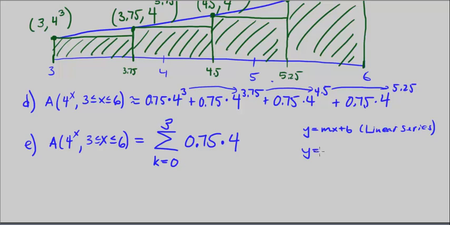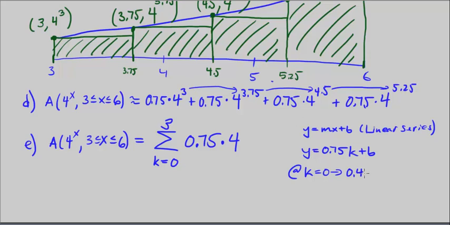We know m is 0.75, x is the variable k, plus b. So we need to find what b is. To find b, we say, at the starting point, k equal to 0, what is the exponent for the first term? In the linear series it starts off as 3.